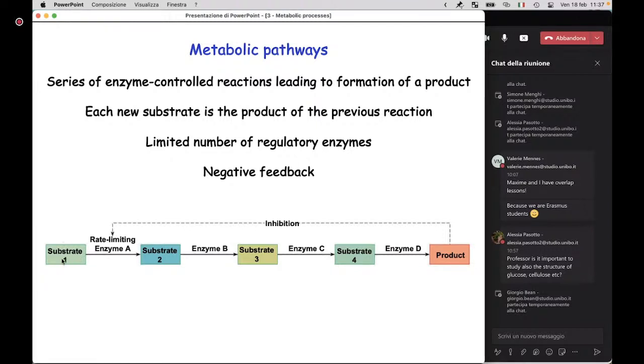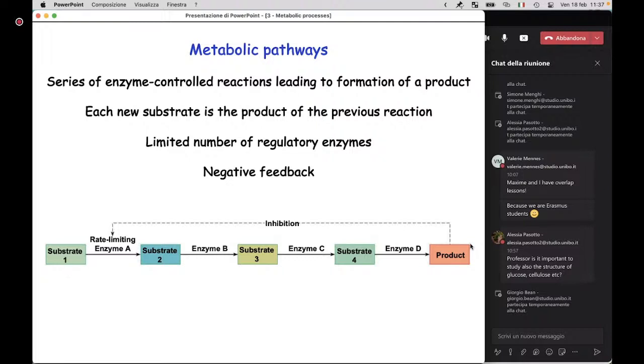So we start from a molecule, and the first enzyme, let's say enzyme A, will transform this substrate into another compound, let's call it substrate 2, which is the substrate of a different enzyme that takes substrate 2 and transforms it into substrate 3, and so on and so forth, until we obtain the desired product.